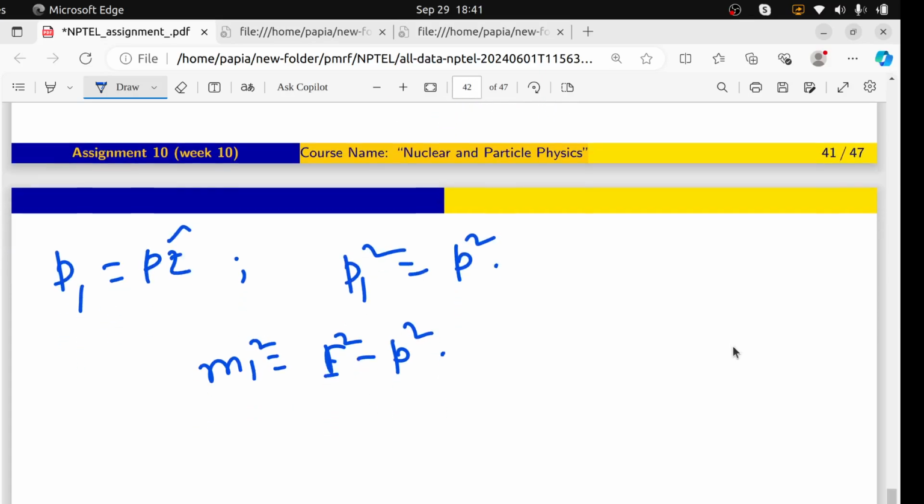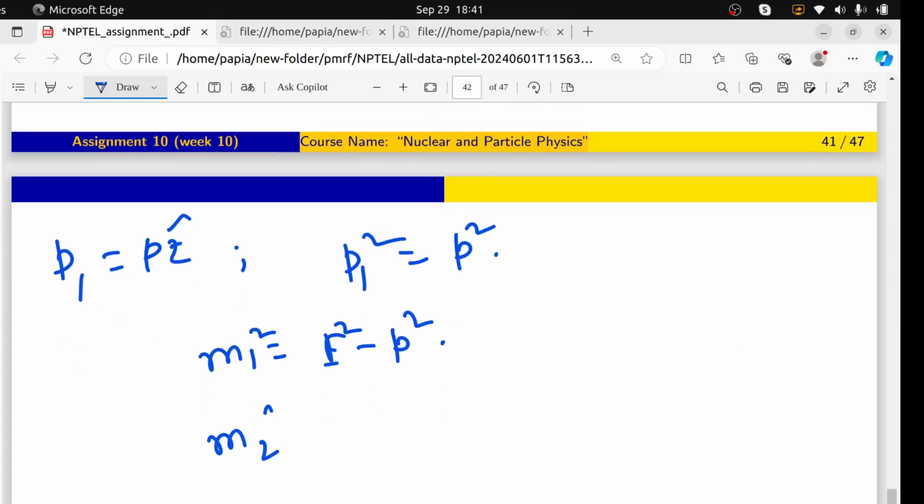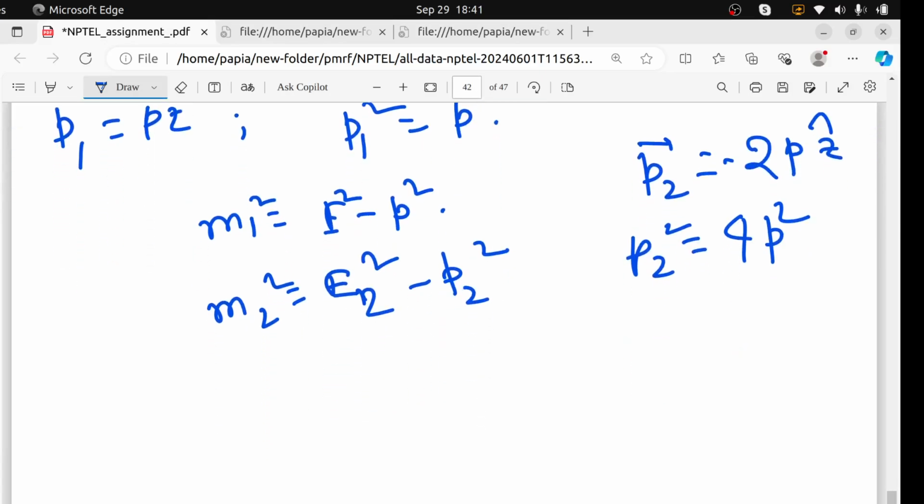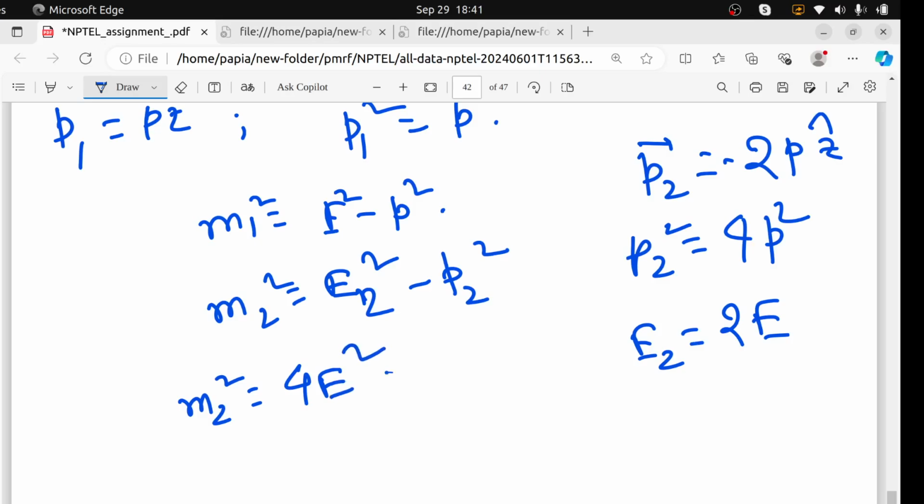Now coming to the M2 case. M2 square will be similarly E2 square minus P2 square, and P2 is given as minus 2P z cap. So P2 square will give us 4P square, right? One more thing, E2 is 2 into E1. So M2 square is 4E square minus 4P square. Yes?